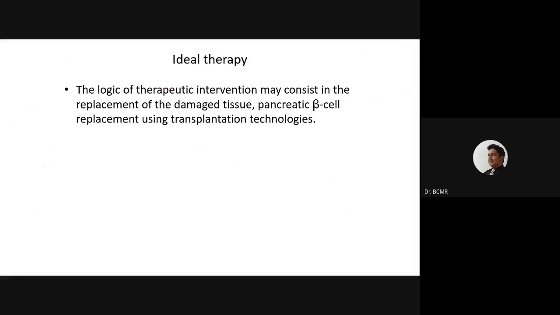So here is what is required for an ideal therapy. The ideal therapy should be able to replace the damaged tissue, almost like putting in beta cells that will produce insulin.